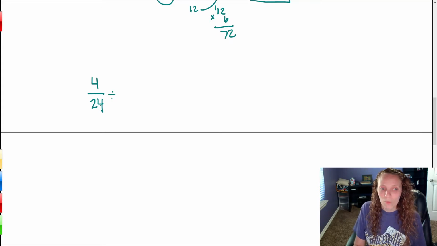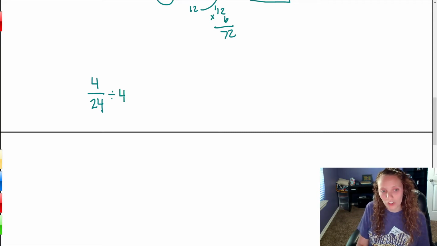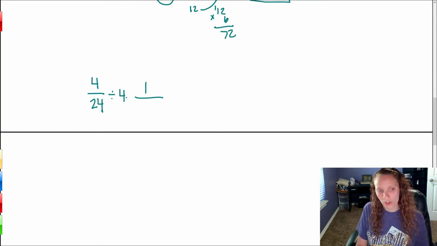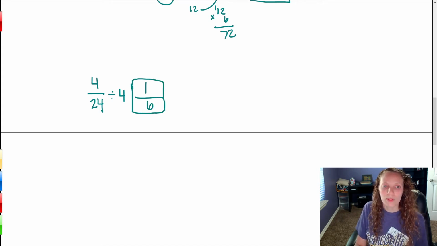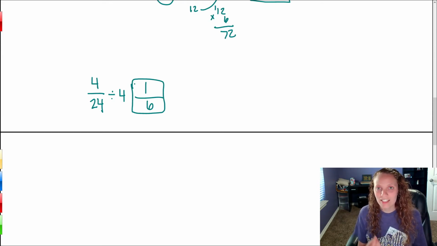You need to figure out what number goes into both the numerator and the denominator, and I see that 4 could probably go into both. So 4 divided by 4 is 1. 24 divided by 4 is 6. This answer choice would probably be the one that's there. So that's what it means to simplify. Divide, get it into its lowest form.